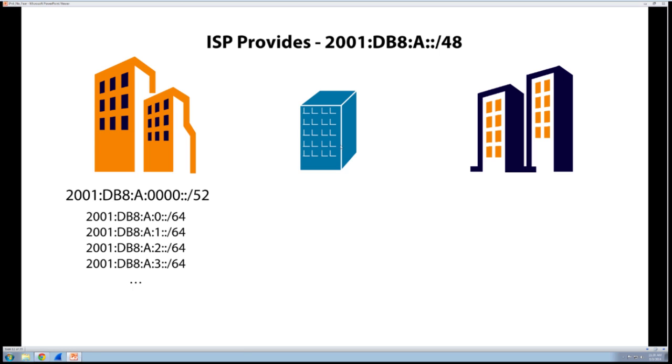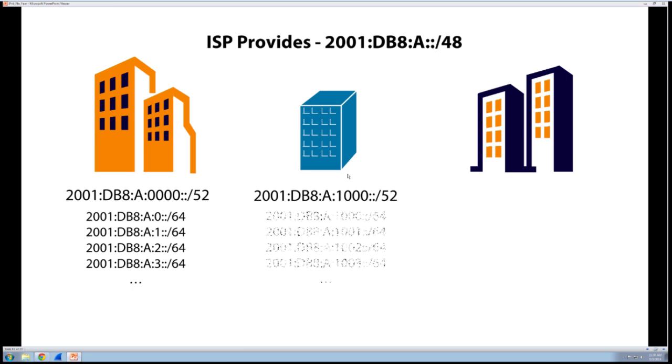For our second building here, we can do the same exact thing, all right? Except this time, instead of making the first hexadecimal value a 0, we're going to make the first hexadecimal value a 1 in our 4th hextet. All right, now for our second facility, our network addresses for each floor or each area of our network, the /64 addresses now are 1000, 1001, 1002, 1003, and so on.